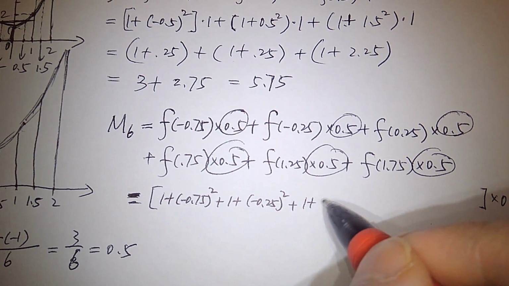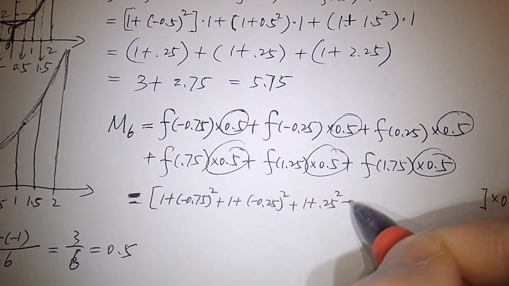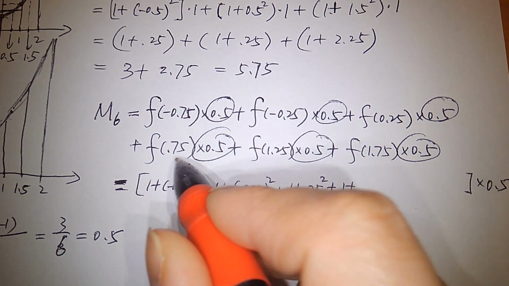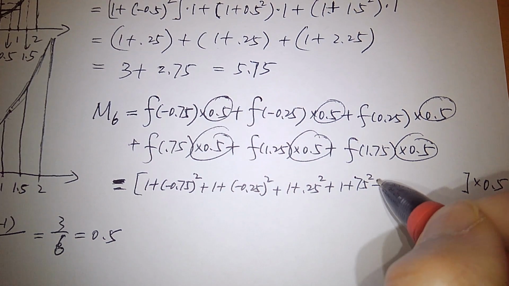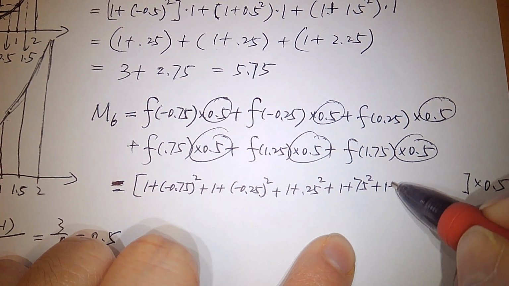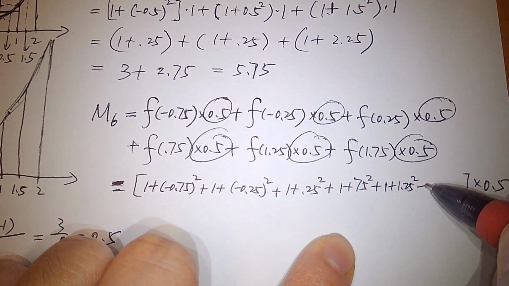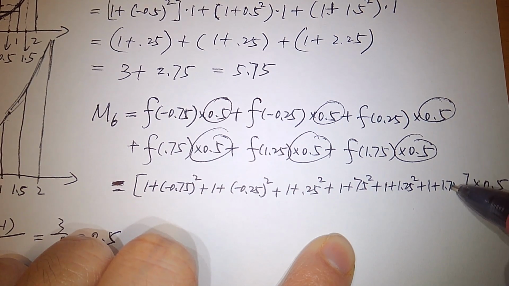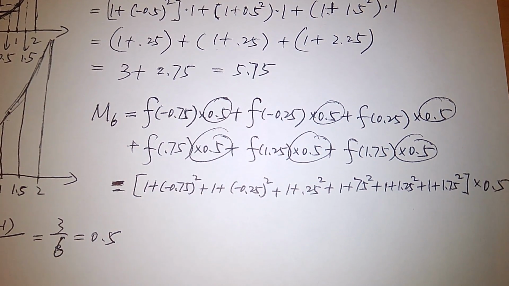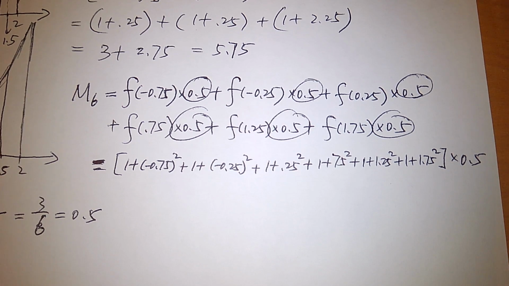Then 1 plus 0.25 squared, 1 plus 0.75 squared, 1 plus 1.25 squared, plus 1 plus 1.75 squared. It's very tedious, right?